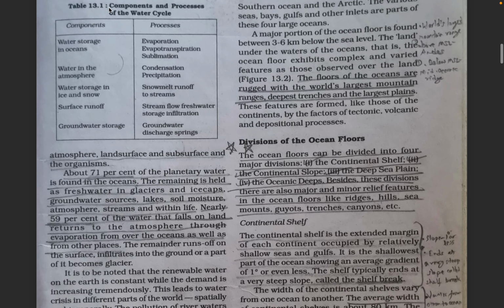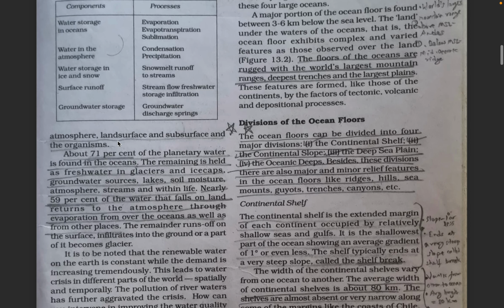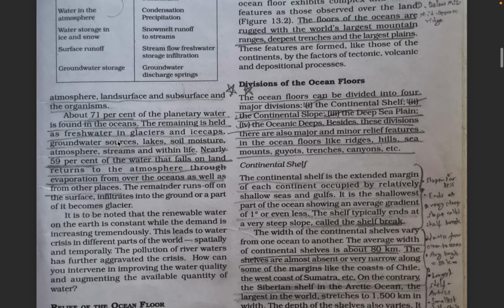So this is a small component and process of the water cycle. Water stored in ocean. The processes that go on: evaporation, evapotranspiration, sublimation, water in atmosphere, condensation, precipitation, and so on. These are the things that you can read on your own and relate to the water cycle.